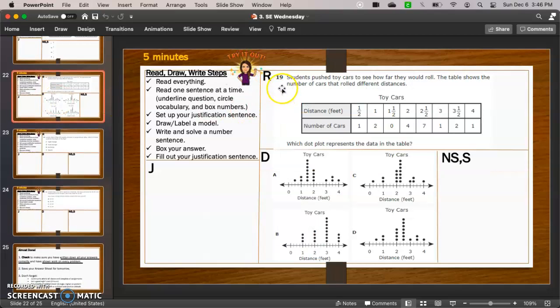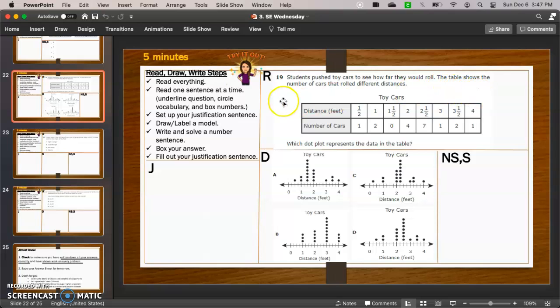Question 19. Students pushed toy cars to see how far they would roll.